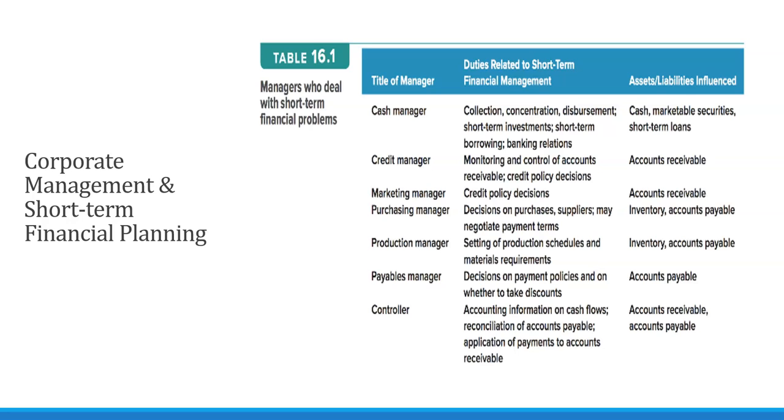All of these accounts are cash, marketable securities, short-term loans, accounts receivable, inventory, accounts payable. All of these managers actually work together within every single component of our operating cycle and our cash cycle.